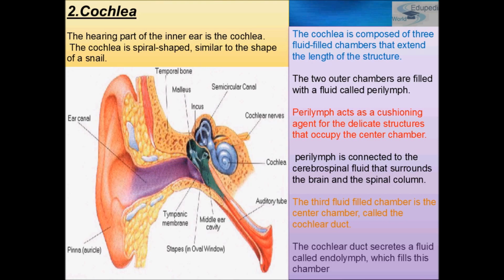And the third fluid-filled chamber is the central chamber, which we call the cochlear duct. So these are the ducts which we call the cochlear duct. The cochlear duct secretes a fluid called endolymph, which fills this chamber.